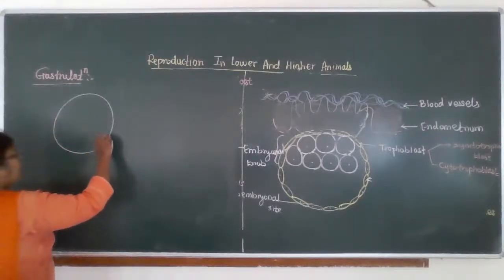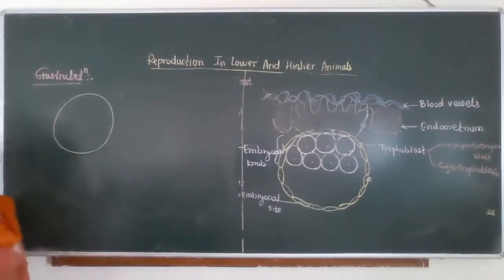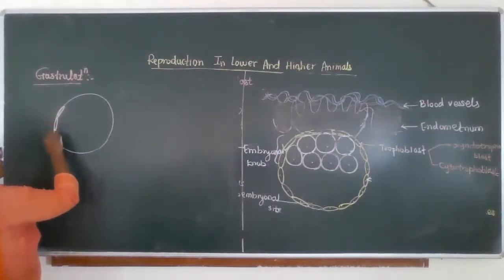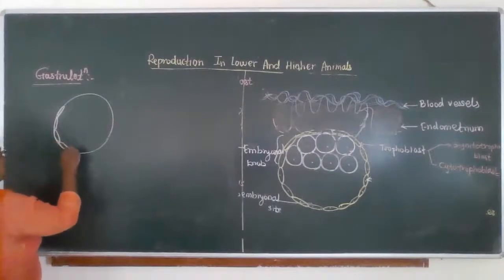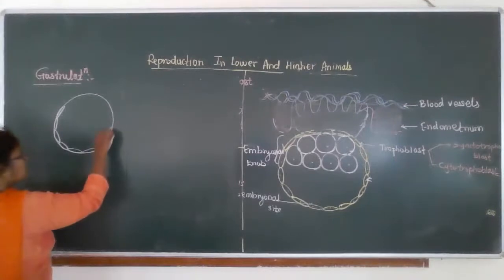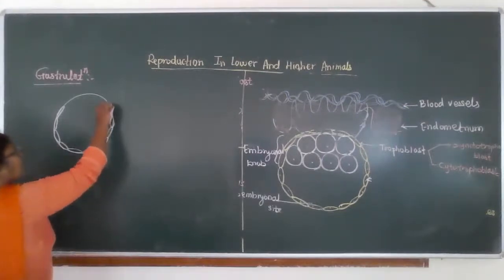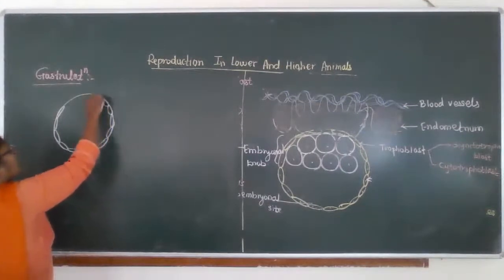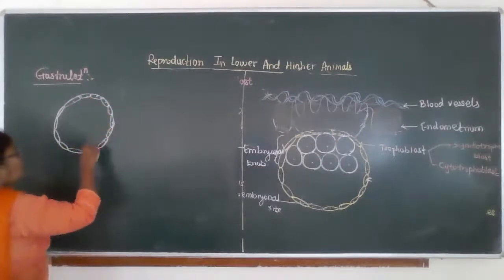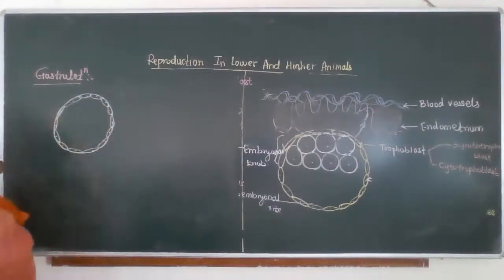Everyone, please concentrate on every word. This outer layer of cells is called the trophoblast cells. So the blastula, after implantation, the changes that happen in it, we will call gastrulation.